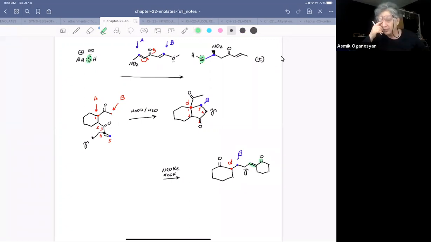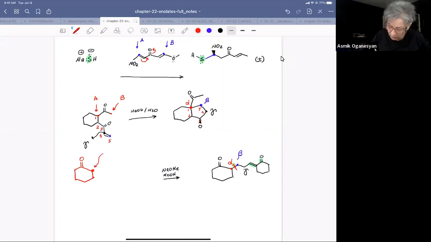So to recover my starting material, I am going to cut the bond between these two carbons, put my nucleophile in with the alpha position, and then place the electrophile.